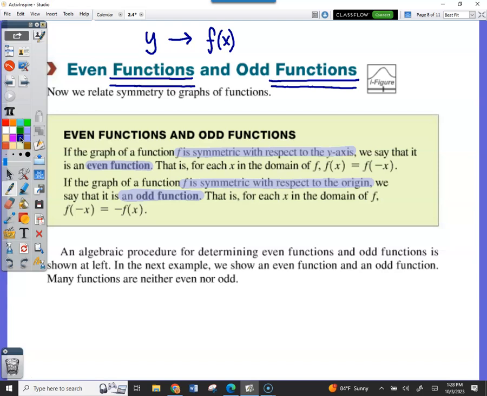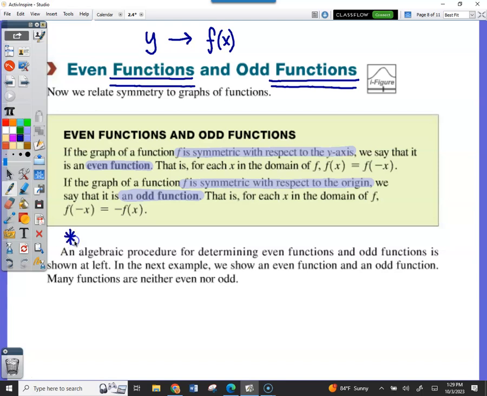And that would include flipping over the y-axis. That would stay a function. Or flipping over the origin or rotating 180. That would still be a function. Taking a function and flipping over the x-axis would violate the rule of a function. So that's why we don't discuss that. Okay? So let's make a note to ourselves underneath here.